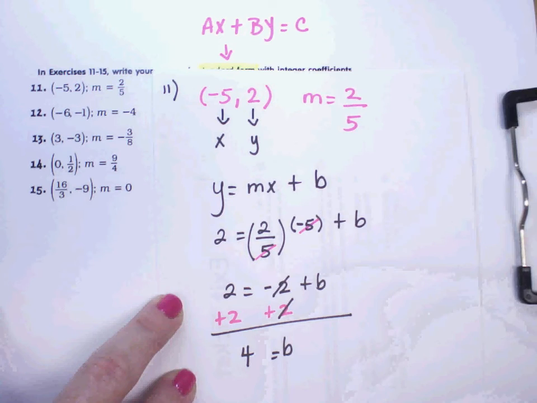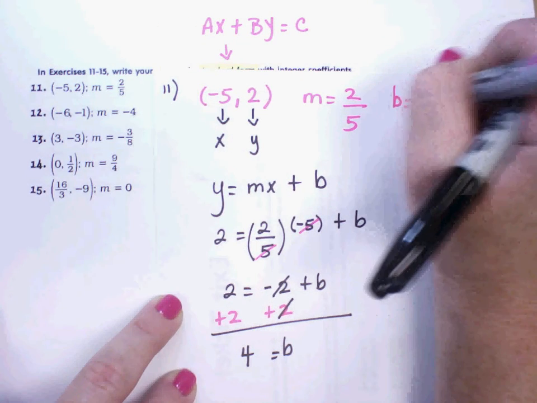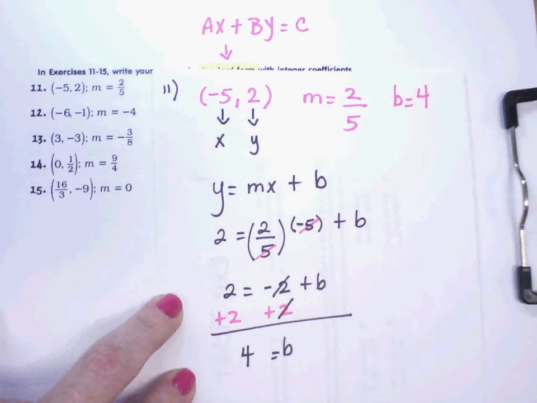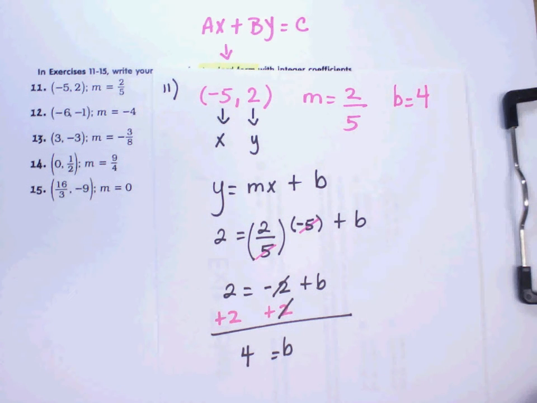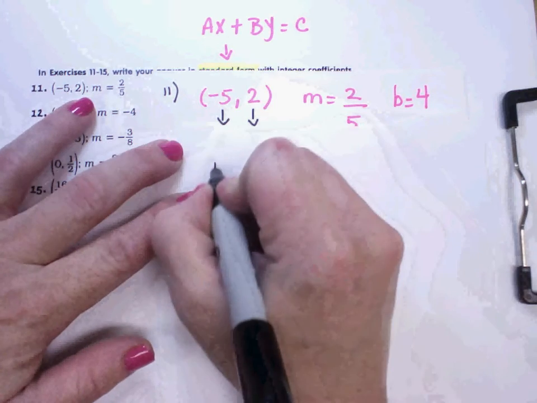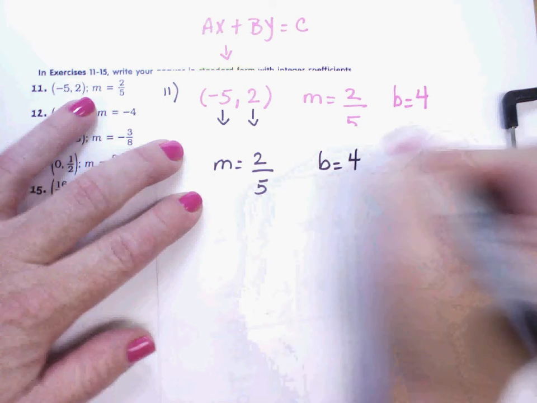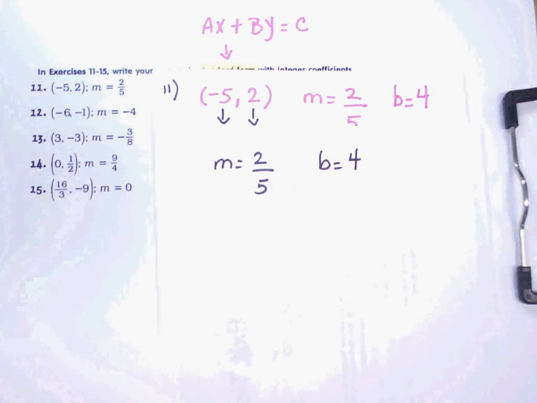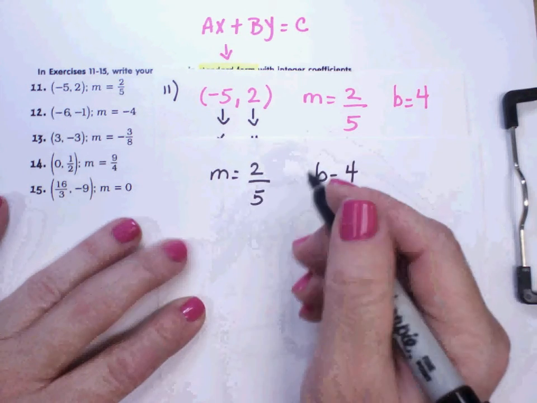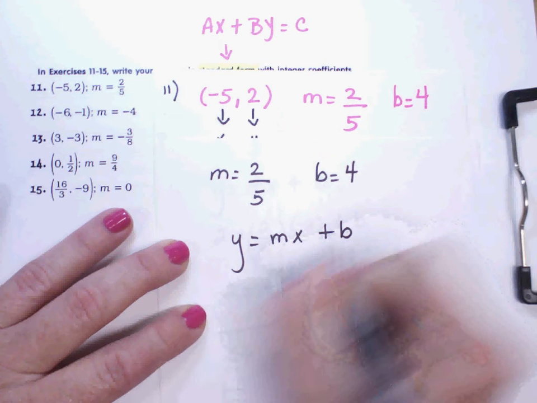So now I have an x, I have a y, I have an m, but I also have a b. Now what I'm going to do is take that information, which is my m, 2/5, and my b, which is 4, and substitute it into my slope-intercept formula. So y equals mx plus b.